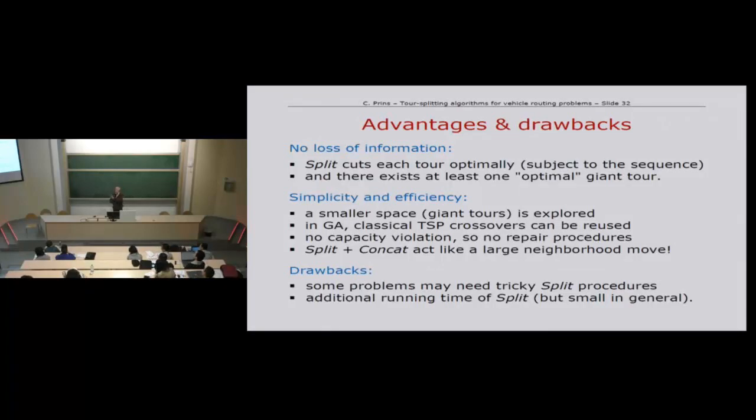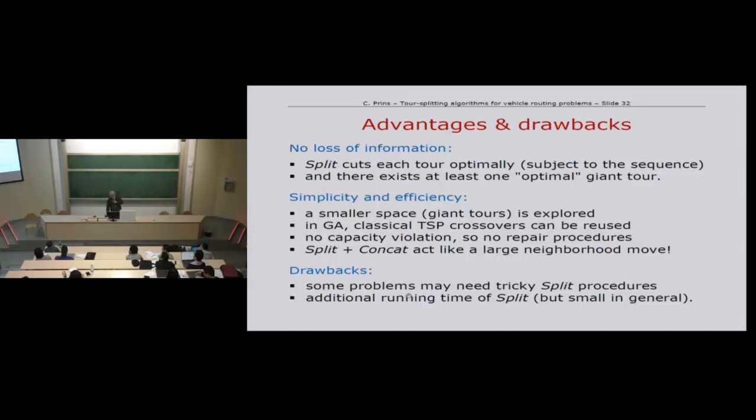But on a giant tour, if you take one customer and move it in the giant tour, and then you split, the results can be completely different, because the limits between the successive routes can be shifted forward or backward. So if you do split plus concat on a giant tour, especially with a local search in between, it's a powerful transformation.